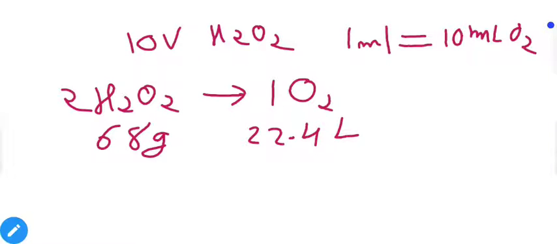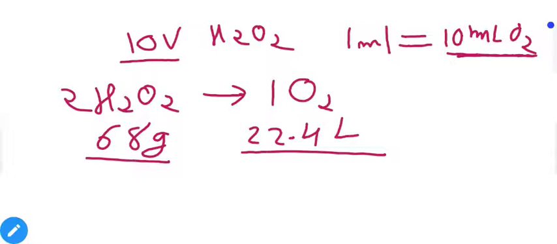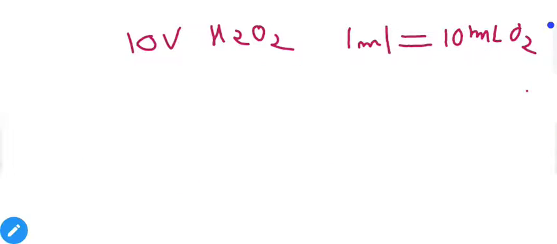We need to use liter for the oxygen and gram for peroxide, because volume of oxygen is mentioned in liters or milliliter. As mentioned here, we have 10 volume H2O2. So we can calculate with cross multiplication.